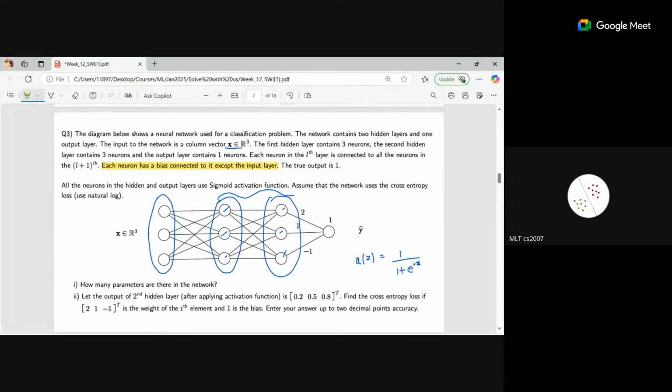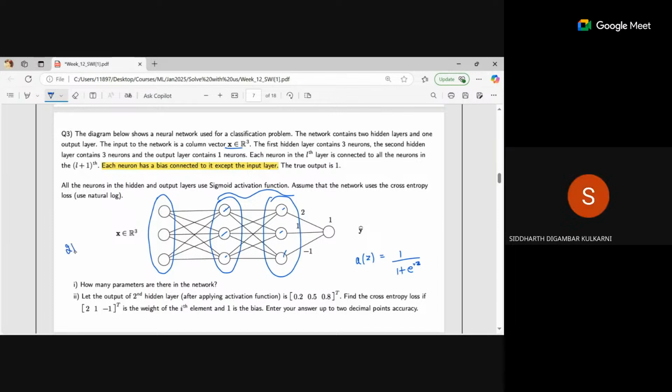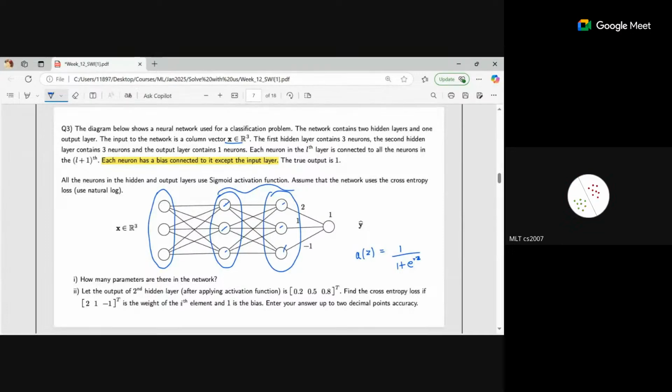Now, what is the answer? Someone said 21, someone said 28. 28 is the right answer. Is it clear why 28 is the answer? Three parameters for the input layer and then one for the bias, so four per neuron.